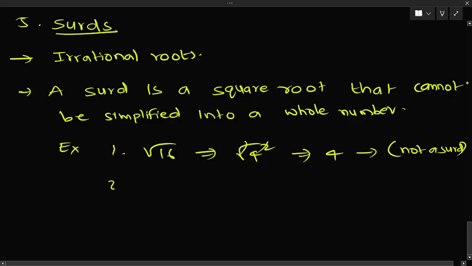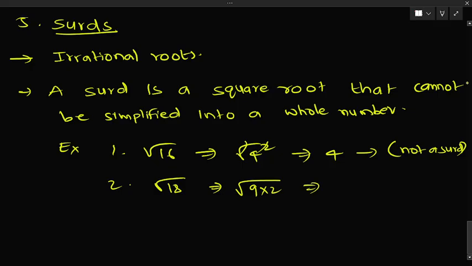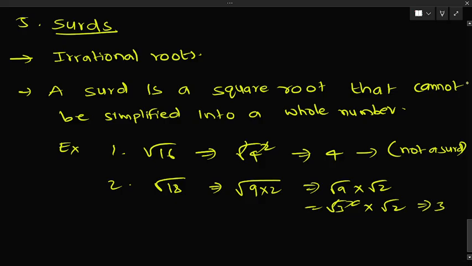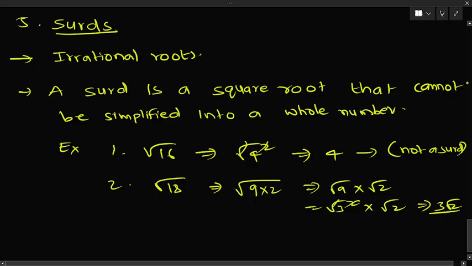So in example 2, if I consider root 18, root 18 can be written as root of 9 into 2, so root 9 into root 2. Root 9 gives you root 3 square into root 2, the square root and square cancel. Finally we get 3 root 2, and this is in the form of an irrational root.